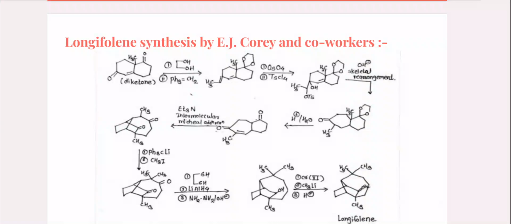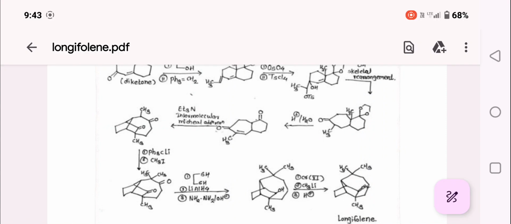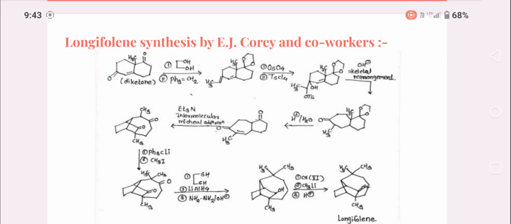It is also called a diketone. This starting material undergoes reaction in 2 steps. Here in the first step we use ethylene glycol, and in the second step we use a Wittig reagent, that is triphenyl phosphonium ylide. In the first step, this diol protects this carbonyl group. Here we have 2 carbonyl groups, this is one and this is second.